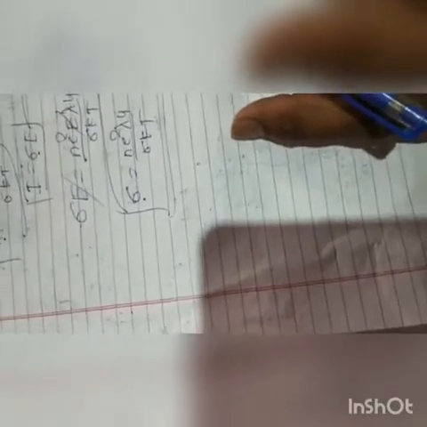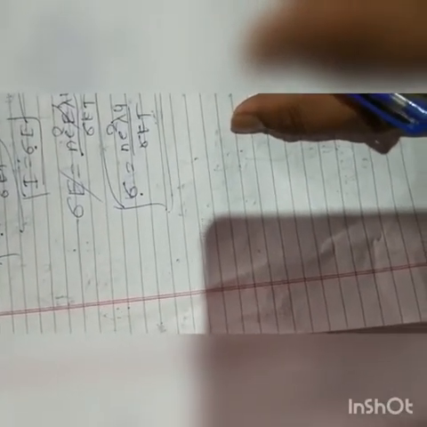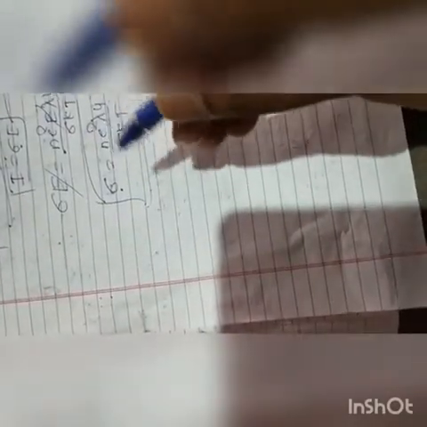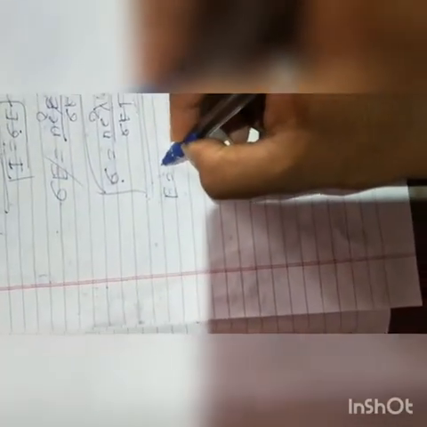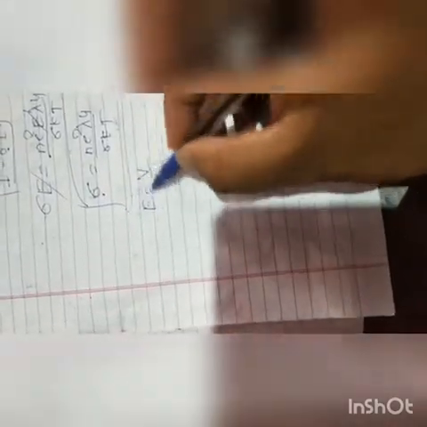If a potential difference V is applied to a metallic conductor of length L, then the electric field will be, as you all know from the previous class, the relation between electric field and potential difference: E is equal to V divided by L. L is the length of the conductor, V is the potential difference, and E is the electric field set up when we apply the potential difference.